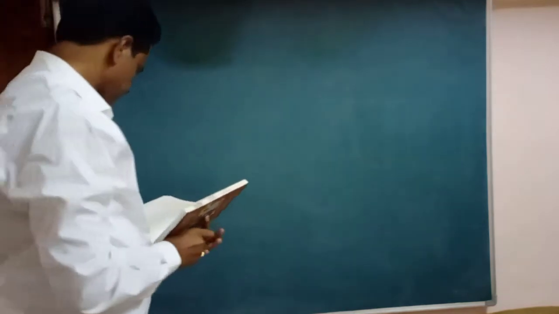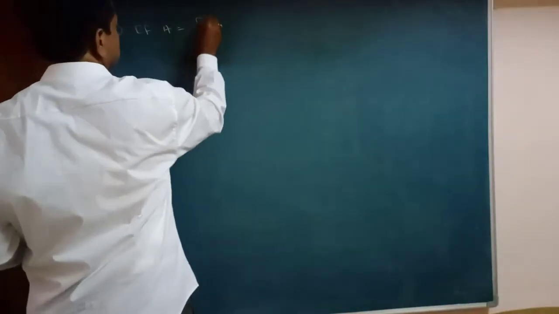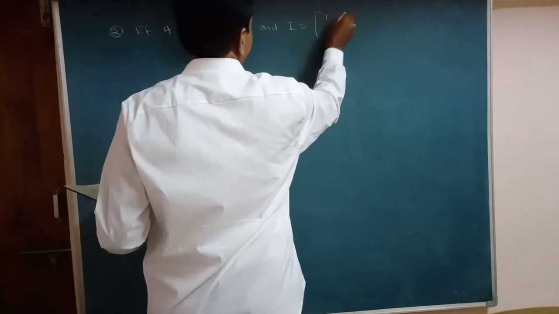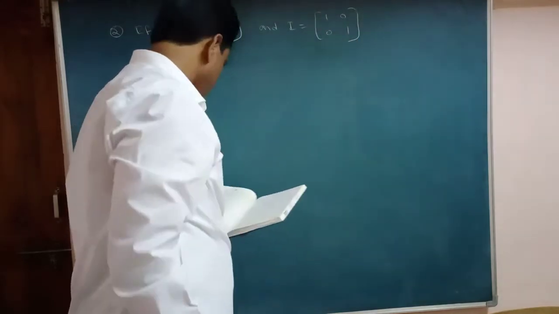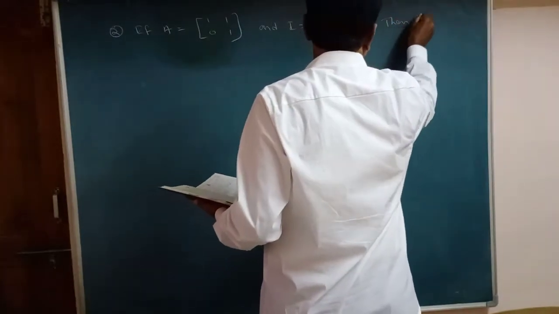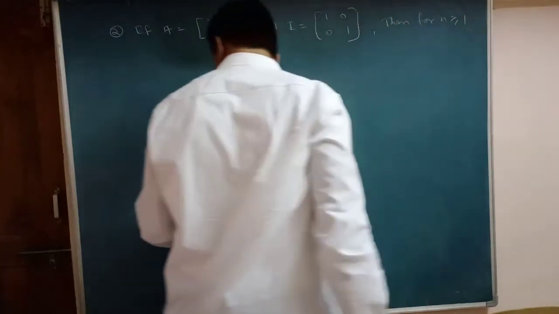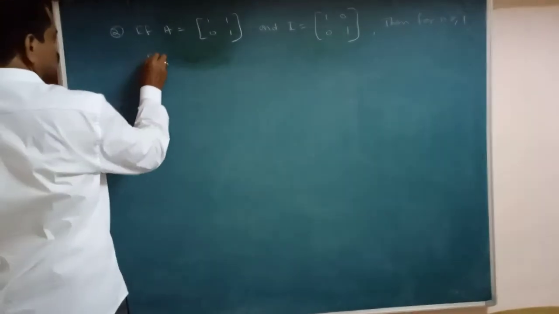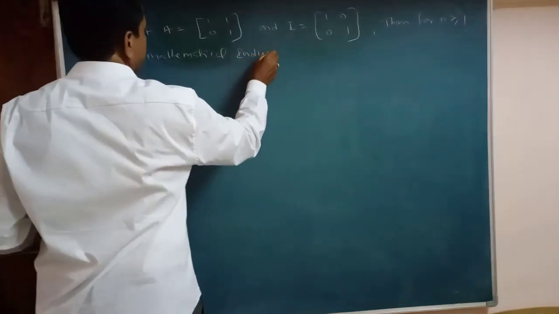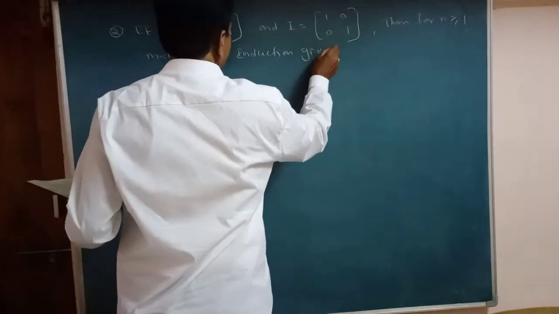Second one: if A equals [1, 1; 0, 1] and I equals [1, 0; 0, 1], these are 2 by 2 matrices, then for n greater than or equal to 1, mathematical induction gives, with options given.